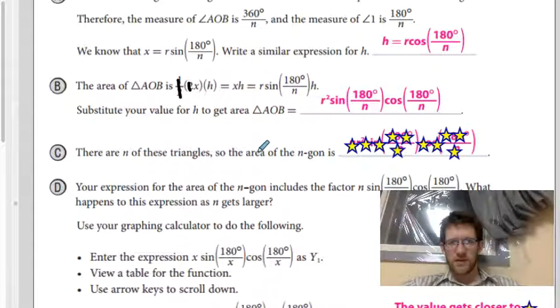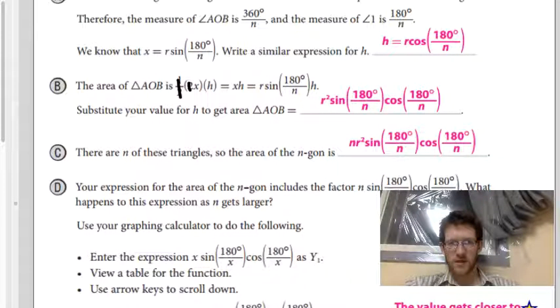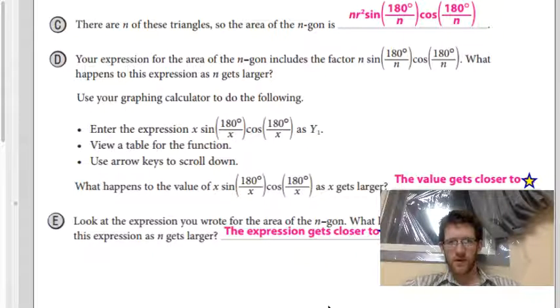There are n of these triangles, so therefore, the area of that n-gon is simply this area times n. So we can multiply that whole expression by n, and that gives me that big equation. This is going to be the one we plug a big value into again. So our expression for the area of the n-gon includes the factor, and as n gets larger and larger, what happens to this?